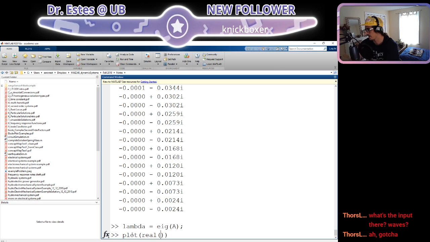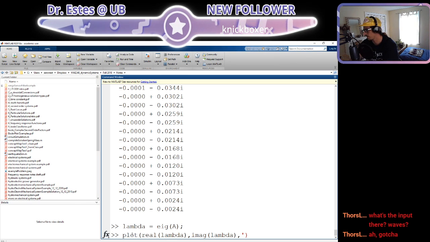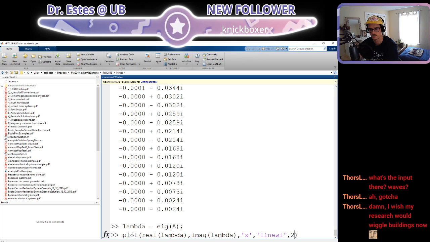The horizontal axis will be the real part of the root. The vertical axis will be the imaginary part of the root. And let's put them with x's. Let's make the line width 2.